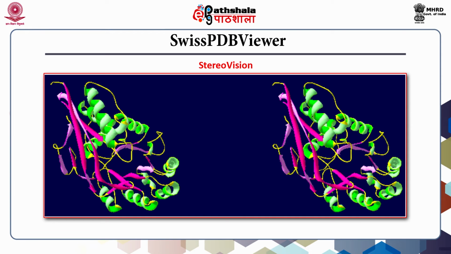If you keep your eyes focused at infinity, that is, in parallel, then the middle two images will overlap and show the depth of the molecule. With experience, it may take some 30 seconds to a minute to view the molecule in stereo vision.